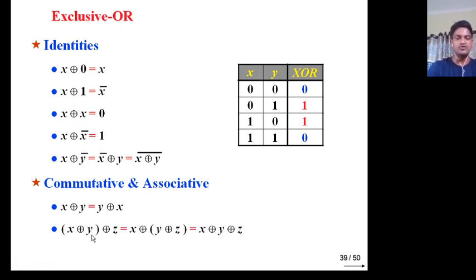Next, X XOR Y XOR Z equal to X XOR (Y XOR Z) equal to (X XOR Y) XOR Z. Means if there are more than two inputs, say three inputs, it follows the associative law. Whether we take Z with X XOR Y or with Y XOR Z, both give the same result. Means the XOR gate follows the commutative law and the associative law.